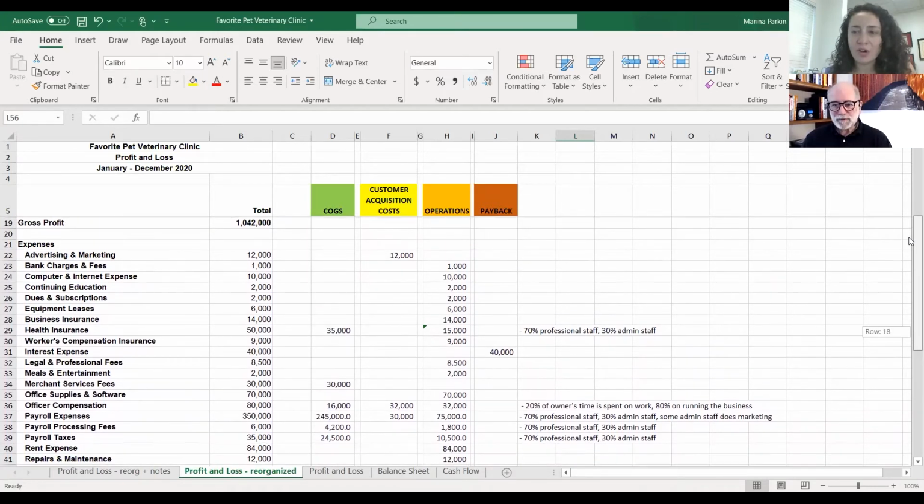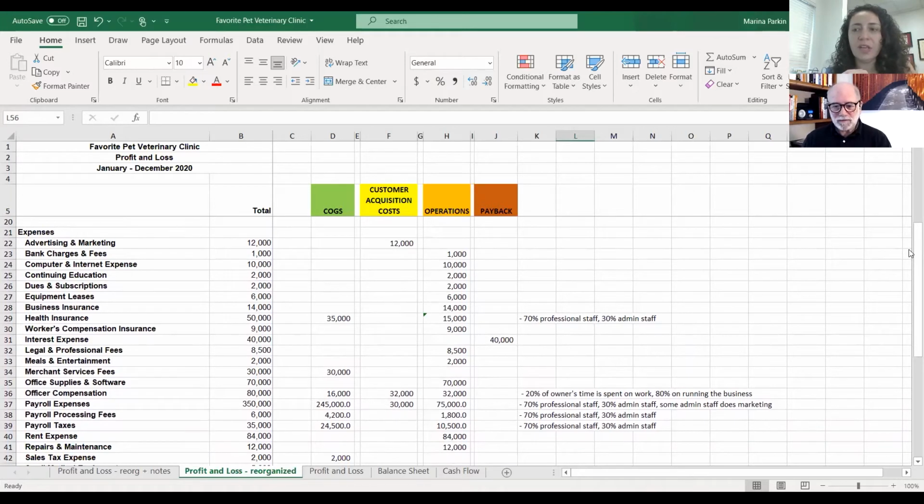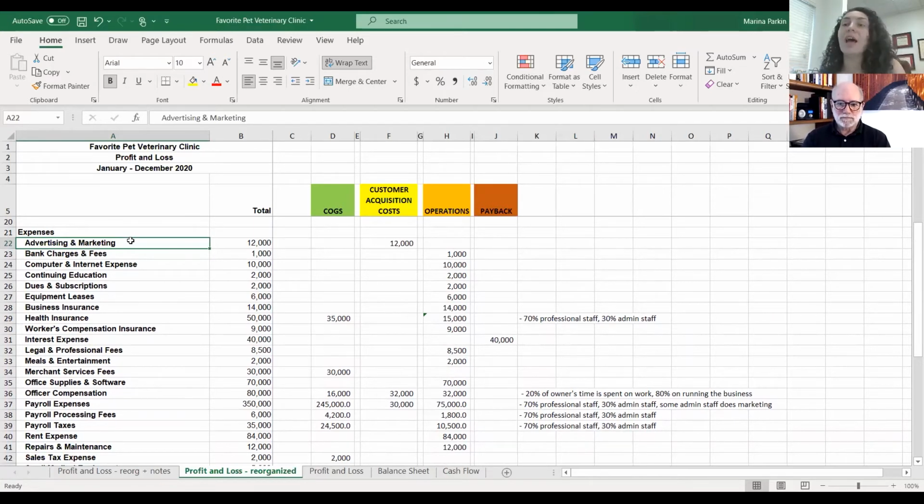Well, and to go along with that, John, if you want to get even more detailed and granular here, you can take this section and create subcategories. So instead of saying, okay, it's $12,000 that I spend, you can create sub-accounts for my Facebook ads, or my mailers, or putting an ad in the local magazine, stuff like that.